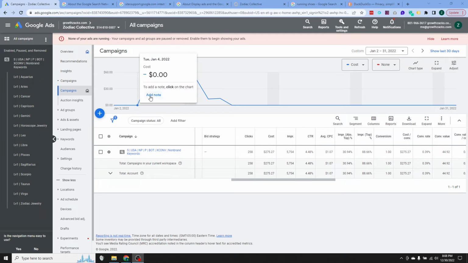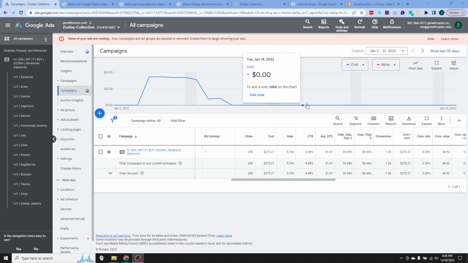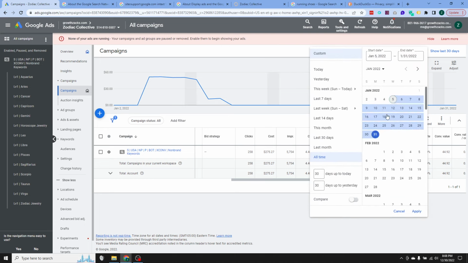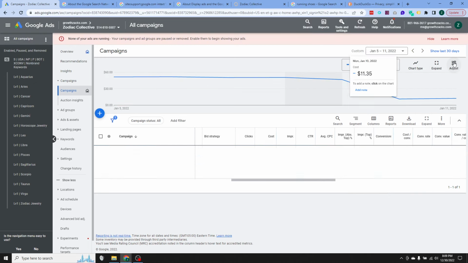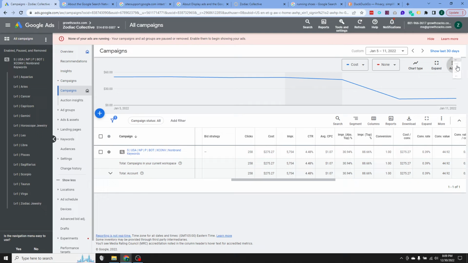So what I'm going to do is zoom in on this. So we've got data from the 5th to the 11th. Now, there's not a lot of data, so I won't be able to show weekly data here, but if you wanted to see weekly, monthly, or yearly and quarterly, I don't really have many accounts where this is even relevant, especially when you consider how broken some people's tracking is.